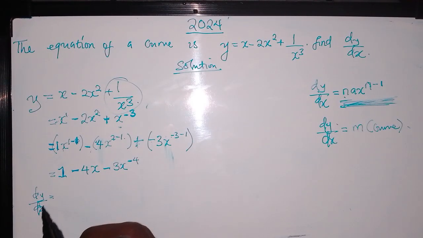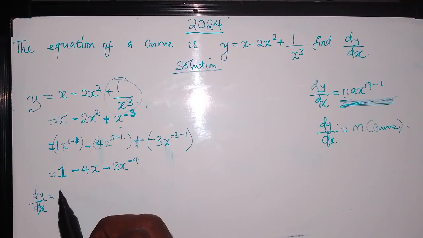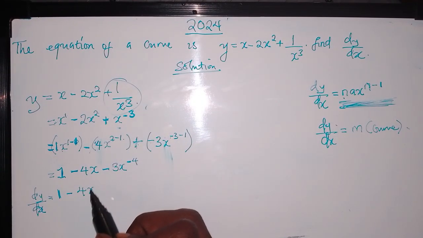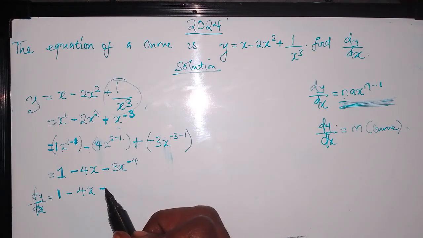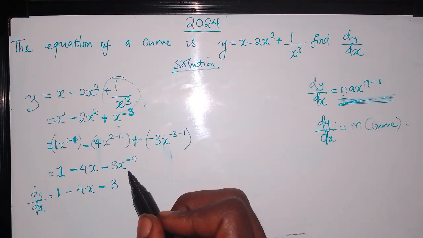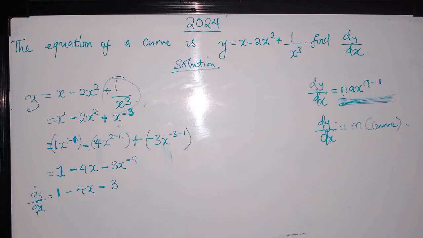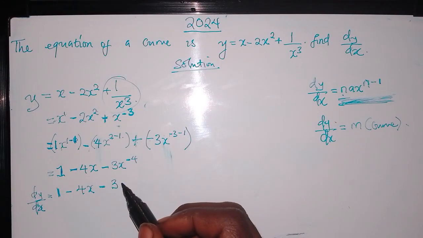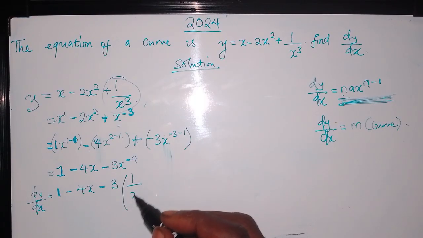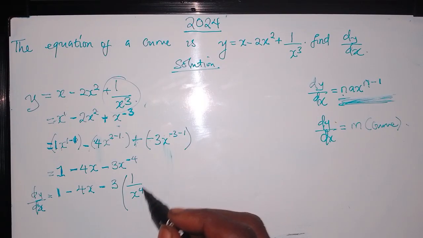So now, our dy dx is equal to 1 minus 4x minus 3x to the power negative 4. Now this one you can take the way it was. So you say 1 over x to the power 4.